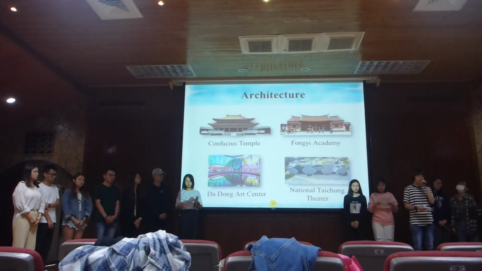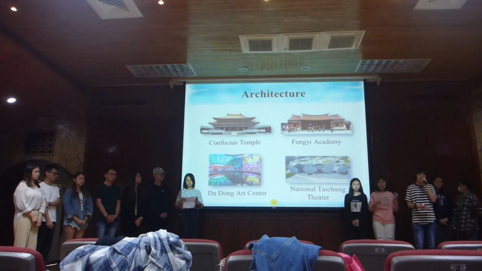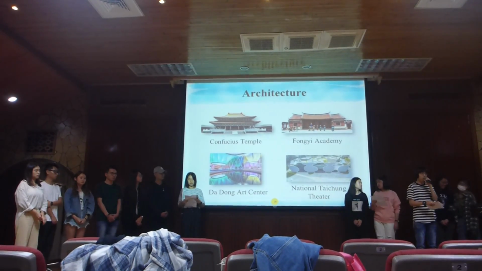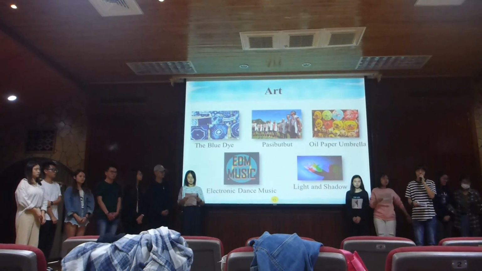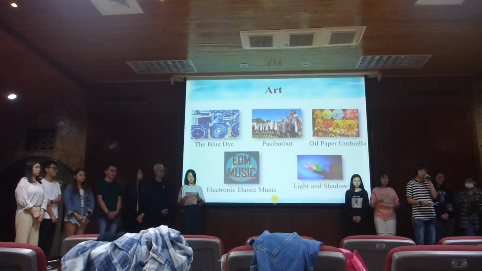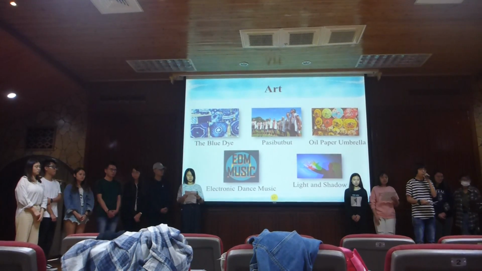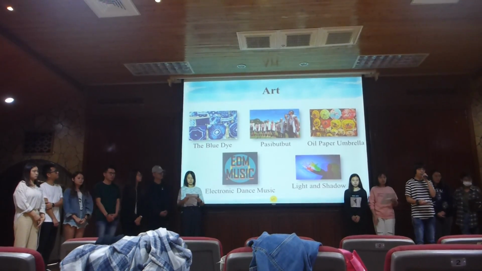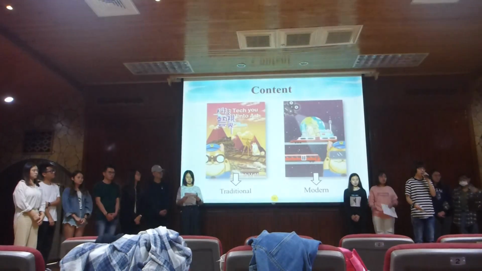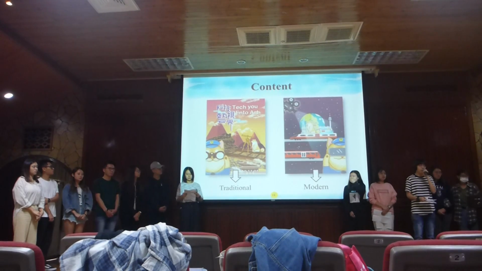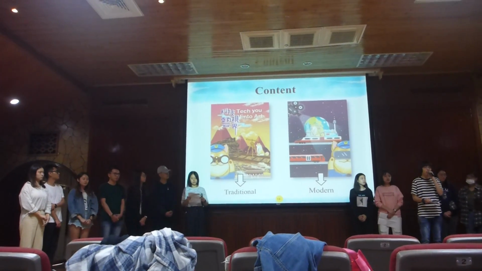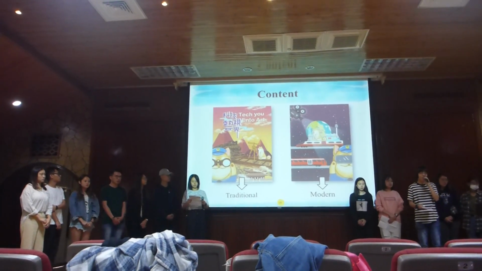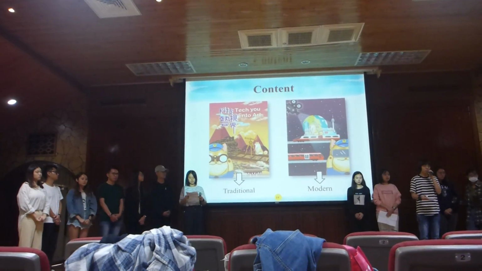For modern architecture, we have Dadong Art Center, National Taichung Theater. For traditional art, we have the blue dye, Basi Bubu, and oil paper umbrella. For modern art, we have the electronic dance music and light and shadow. For the cover, as you can see, the front cover is traditional style and the back cover is modern style.